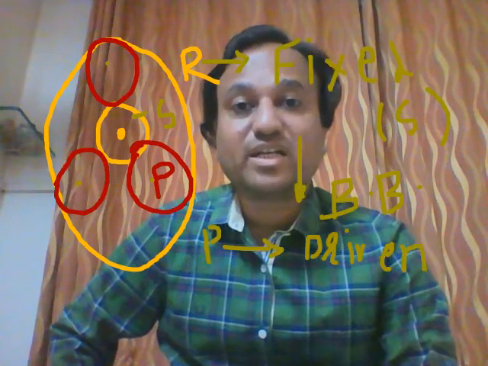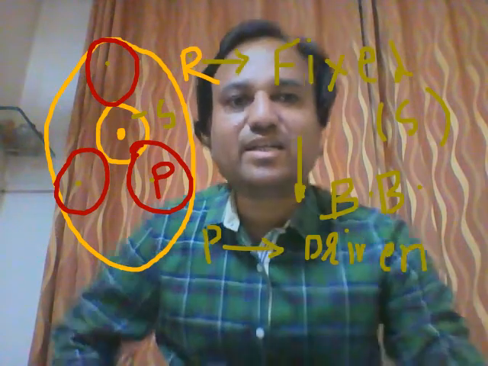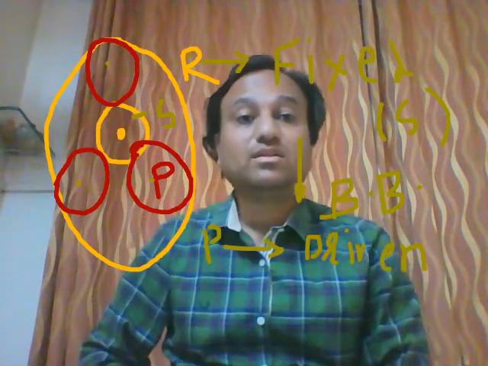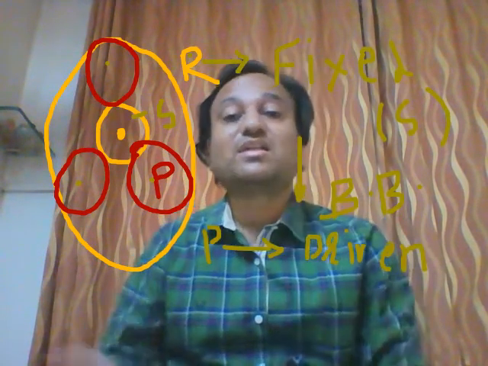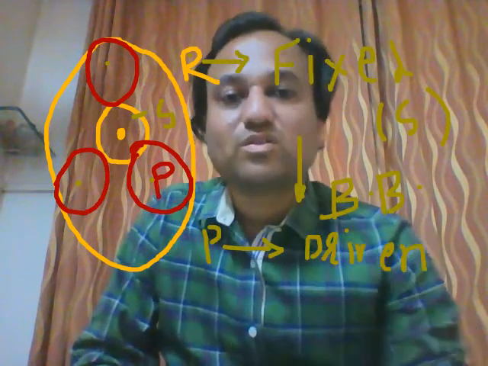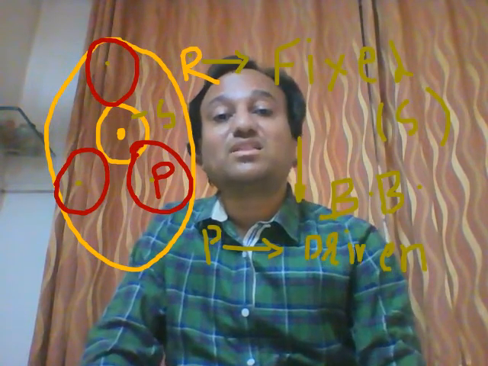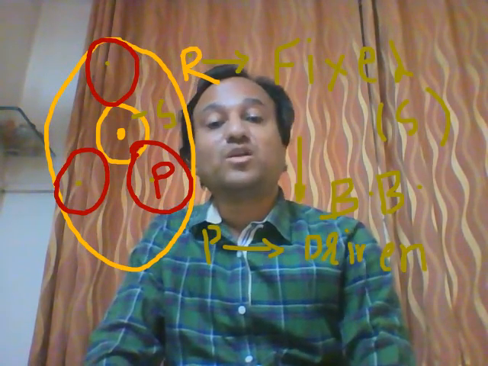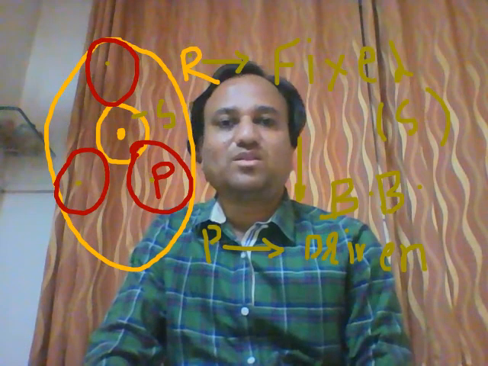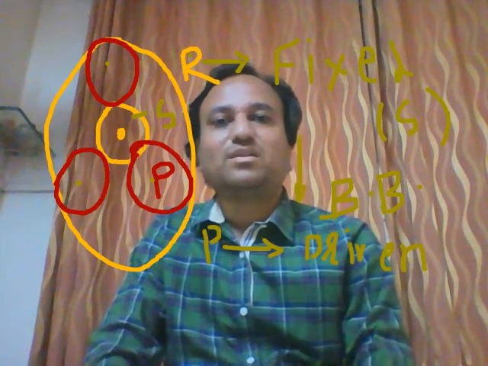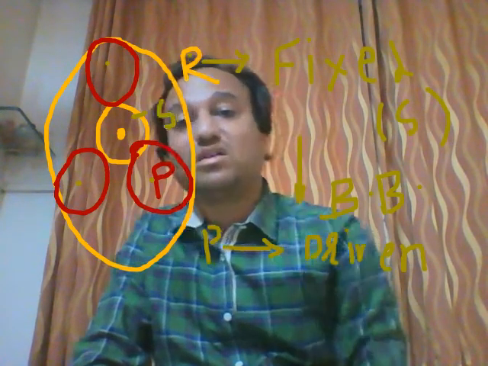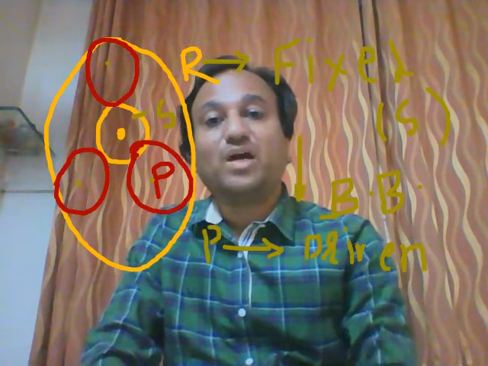Now next condition, suppose this ring gear is in a released condition. So this ring gear is in released condition when band brake will not exert any force. So there will not be any actuating force acting on ring gear by band brake.